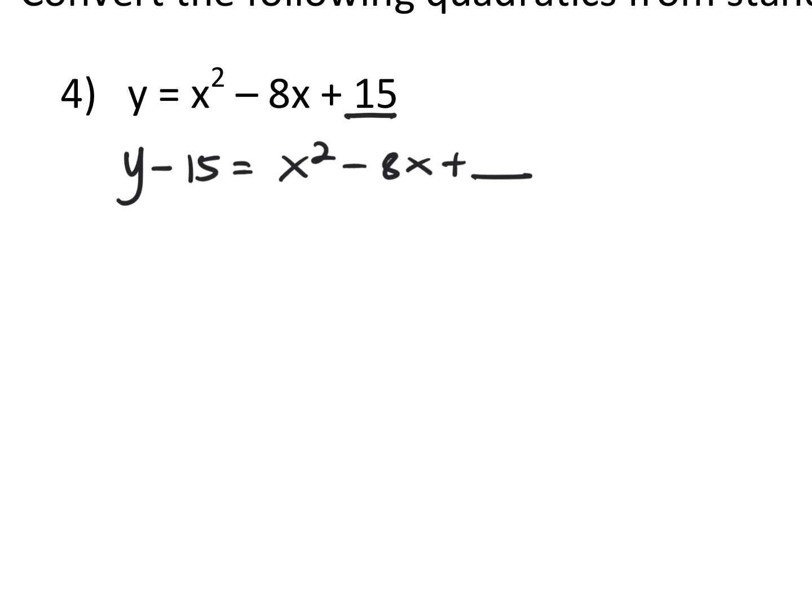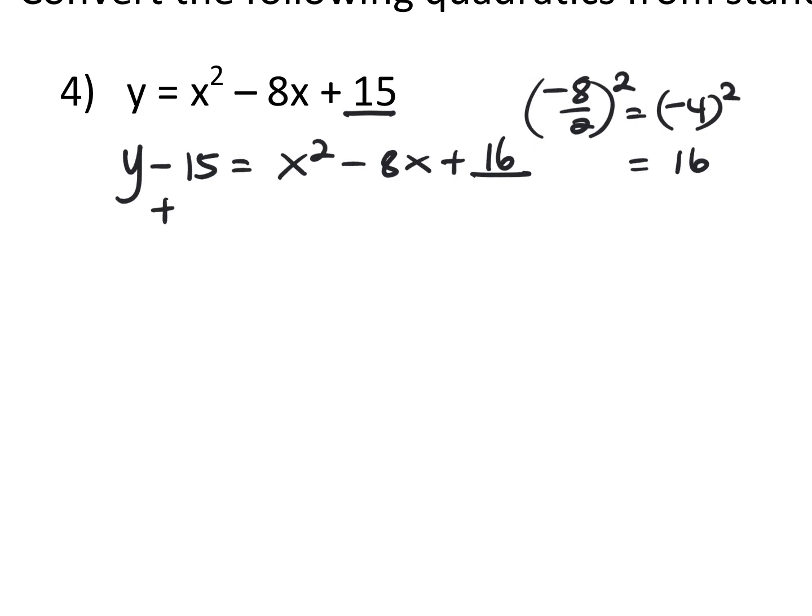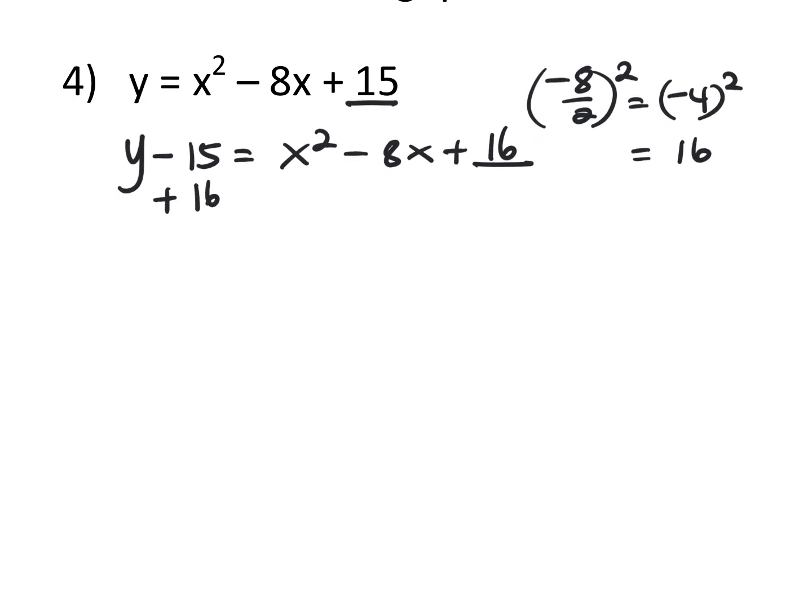So the middle term here is negative 8 divided by 2, and we're going to square it. So negative 8 divided by 2 is going to give you negative 4, and then square it, that's going to give you 16. So 16 here, and then plus 16 also on the other side.